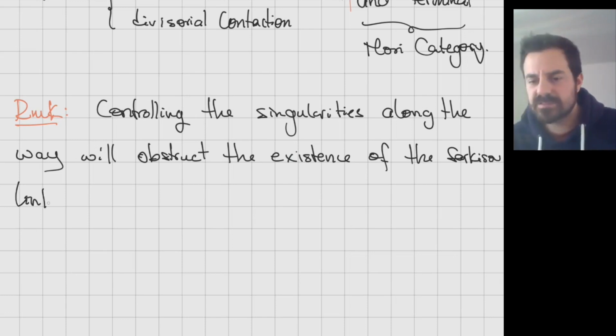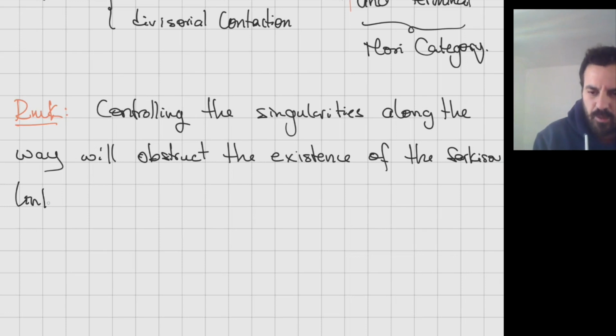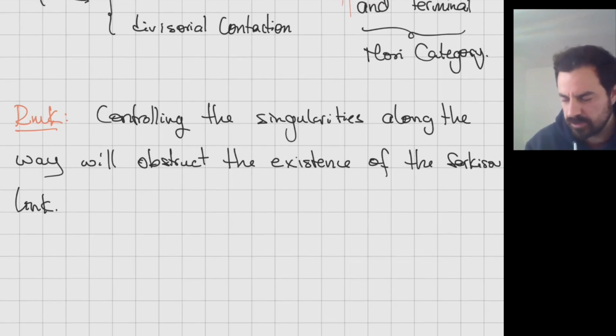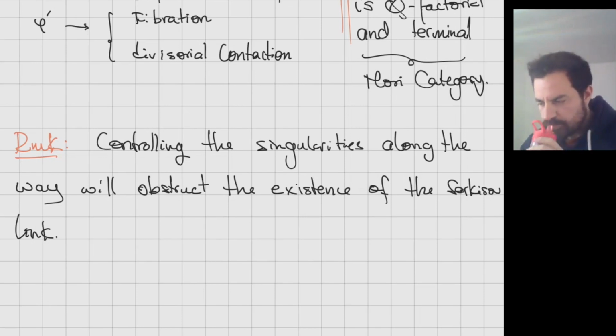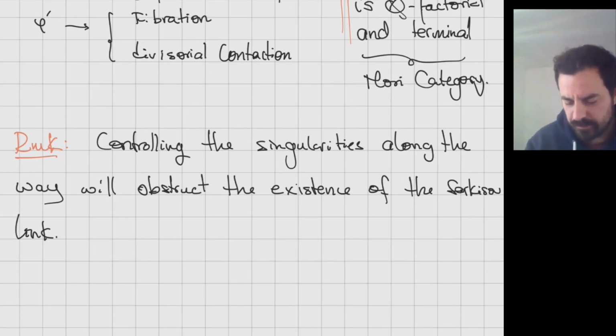What can happen in general is that you do a bunch of birational maps, contractions, small modifications, and so on, and at some point you have one that goes out of the Mori category. It gives you singularities which, for example, are not terminal. So this breaks the link. This is not called a Sarkisov link anymore. And so you really have to ensure this, and it really bounds the possibilities of Sarkisov links that you have. This is the point of the remark.